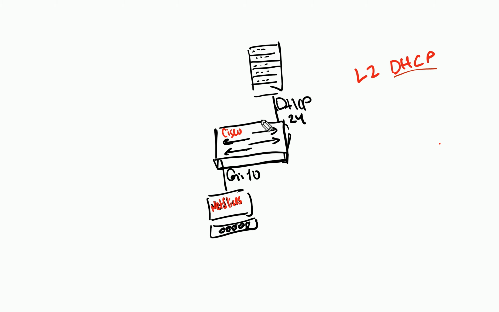We looked at that in the previous video. Both the PC and the DHCP server were on the same layer 2, which means on the same VLAN. Check that video please if you want to.